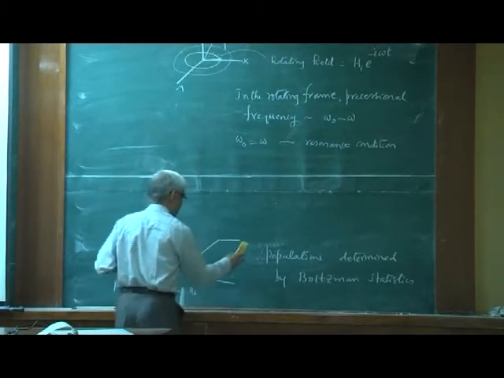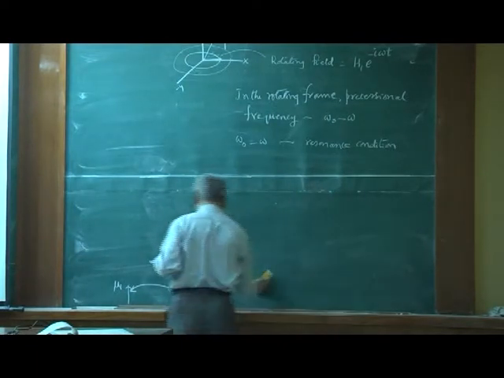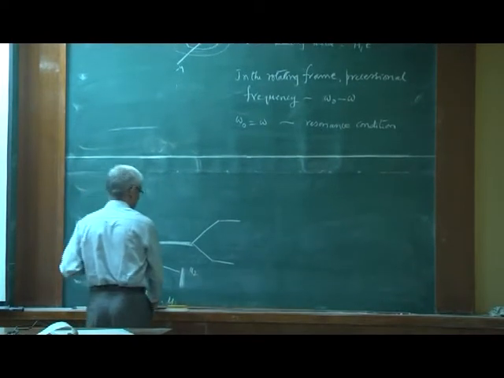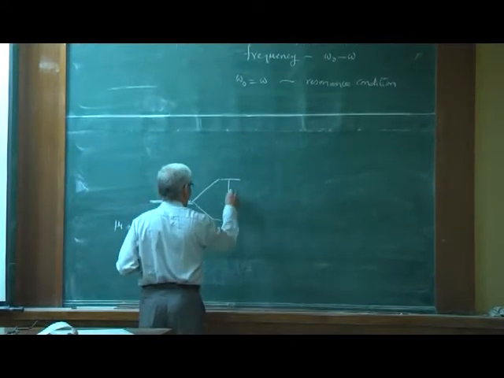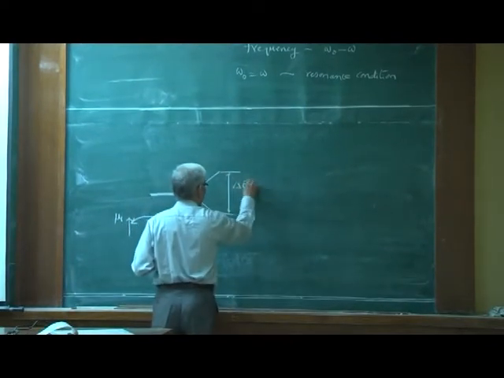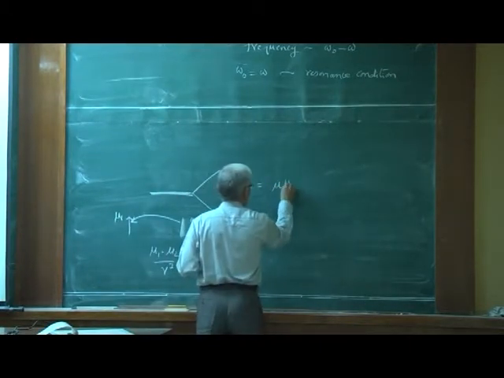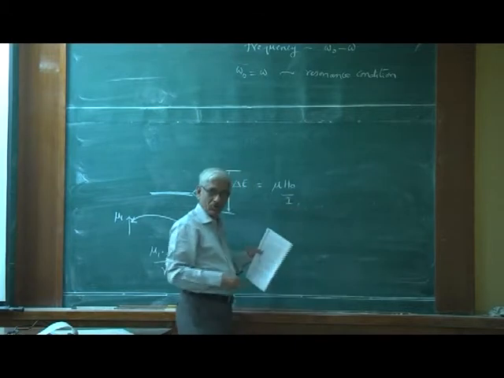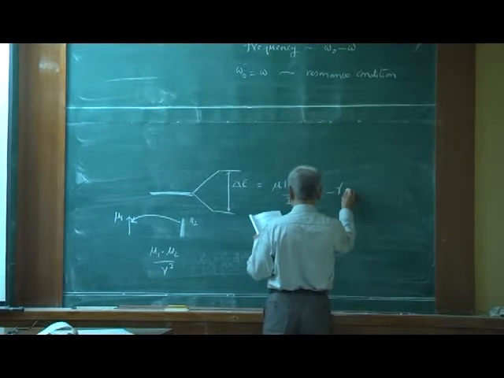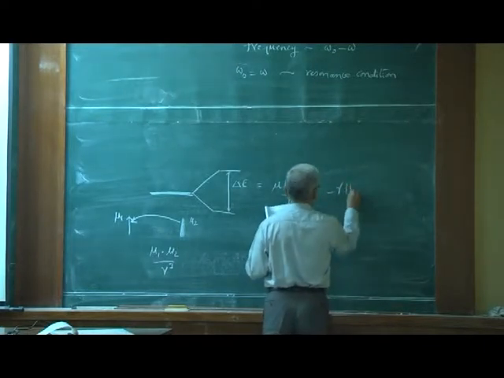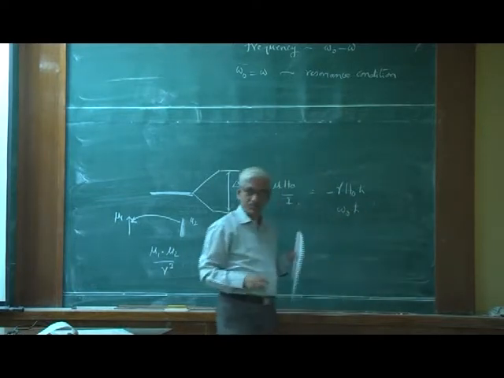In terms of the energy levels, we can also explain that. You have the two energy levels here. The energy separation between them is delta E, which we already said is equal to mu h naught by I, and for I equal to half, this is 2 mu h naught, which is equal to minus gamma h cross h naught, or also equal to omega h cross.